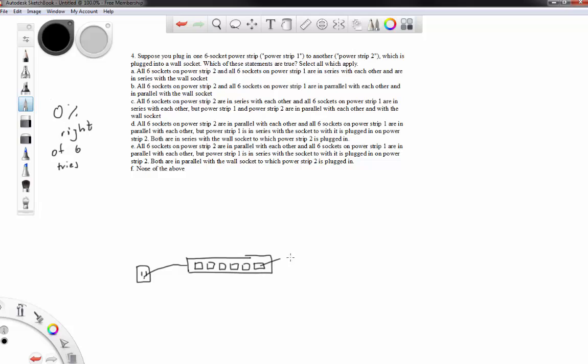This one then leads to strip number 1. And so we put in our 6 little guys here. And so this is 1, 2, and a wall. So our question is, which of these options best fits this diagram?